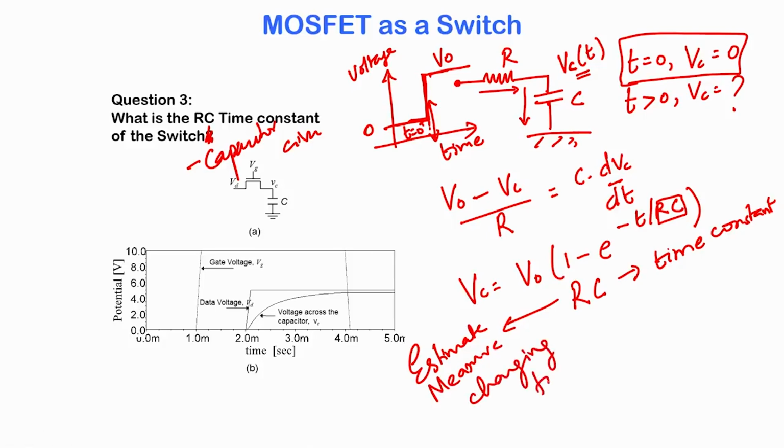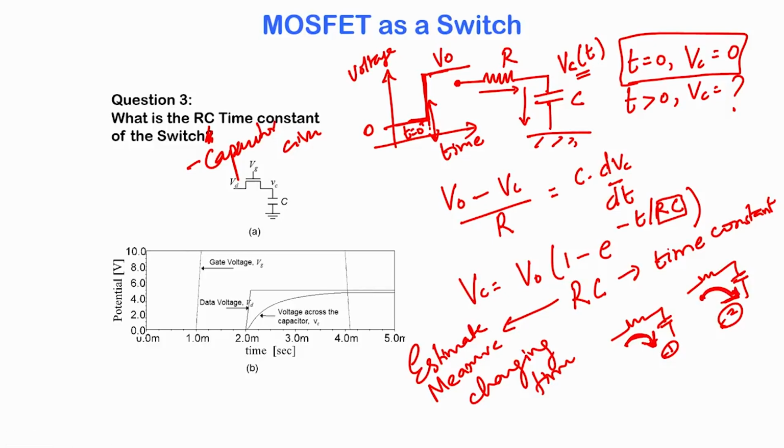If you compare two RC circuits and say that this one has a smaller time constant than that one, it means this circuit will charge faster as compared to circuit 2, which means circuit 1 is faster compared to circuit 2. So, time constant is a good measure.